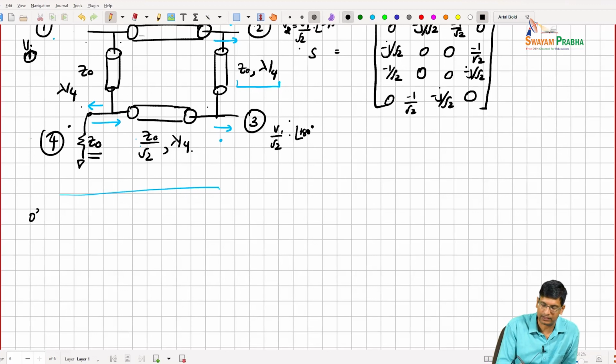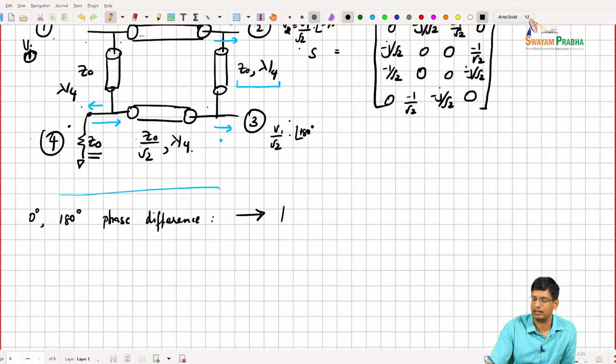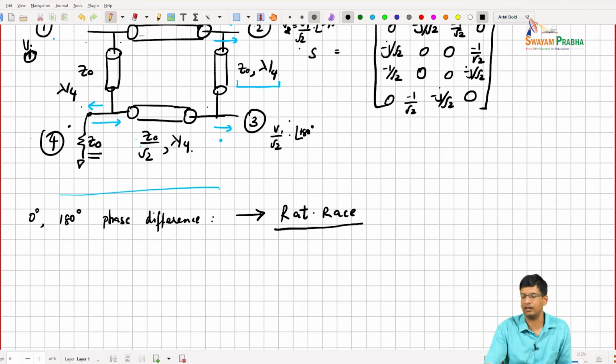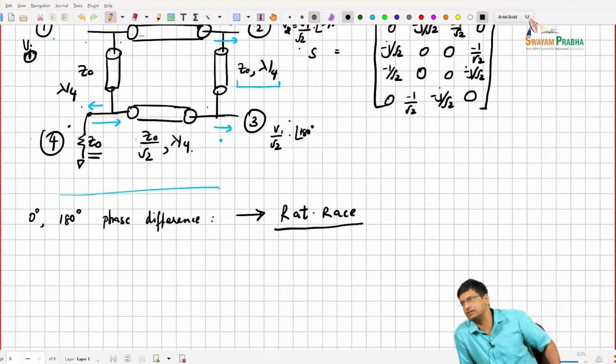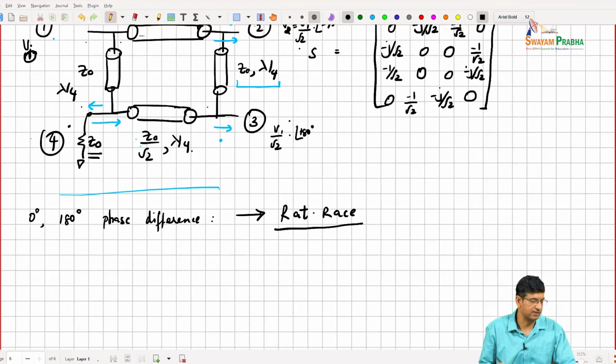if I want to get 0 degrees and 180 degrees phase difference, again, there are many couplers that do this, right? A popular one that is used in MMICs is called rat race, and I will show it here, but I'd say that it is less common in integrated implementations because as we will see, it can be quite big, right?